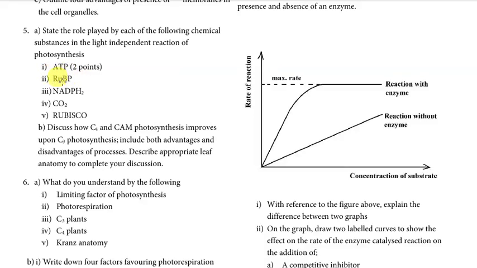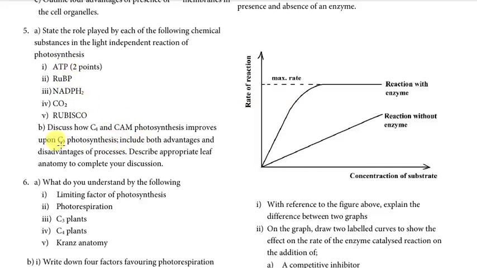Rubip kusema waandike point ngapi? Probably ni moja. NADPH2 which they reduced in NADP, carbon dioxide and rubisco. Kwa hiyo kwa nature swali kama inaonyesha kabisa kwamba hizi ambazo haukutajiwa is 1 point na hii hapa ambayo imetajiwa it's 2 points.